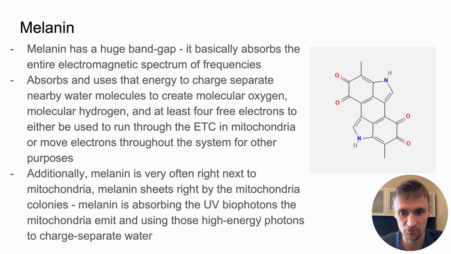It's absorbing these UV biophotons the mitochondria emit and using these high energy photons to charge separate the water to create more of these constituents, to either run through the mitochondria to make more energy or to move through this interconnective tensegrity system to perform antioxidant purposes. All of these really important things. These melanin sheets by the mitochondria are absorbing these photons, and it appears using them to charge separate water to create these really important substrates for either energy creation or antioxidant purposes, etc.